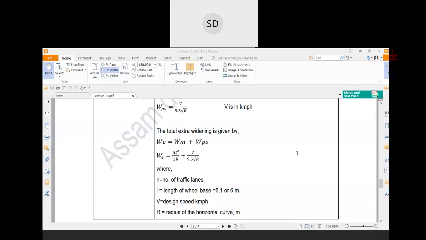Yes, Wps is 0.466 and We is, let me calculate this. What is the mechanical widening you are getting?